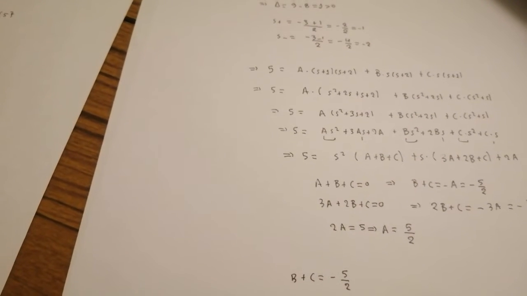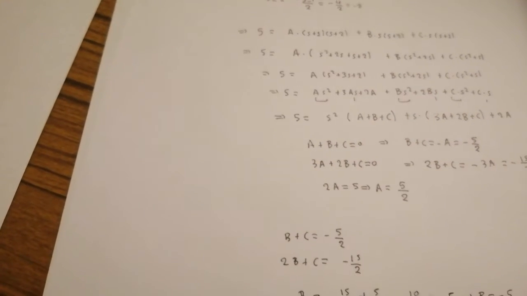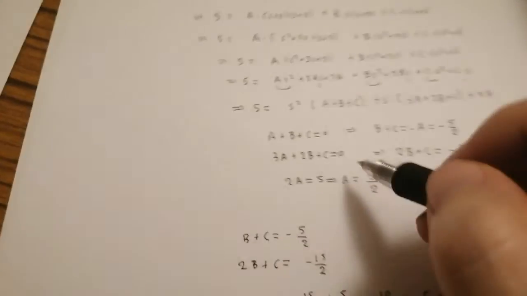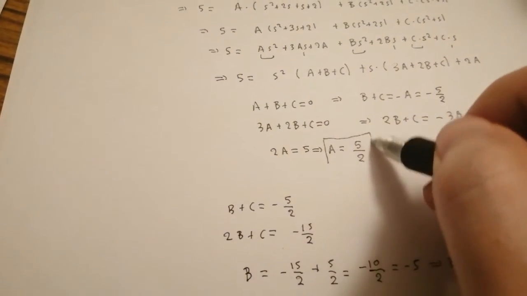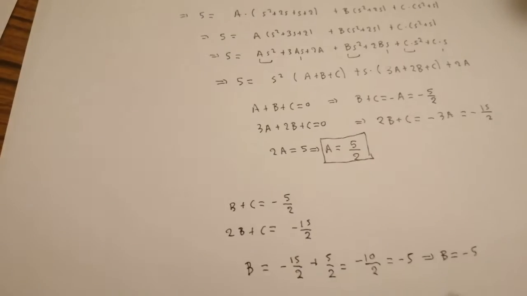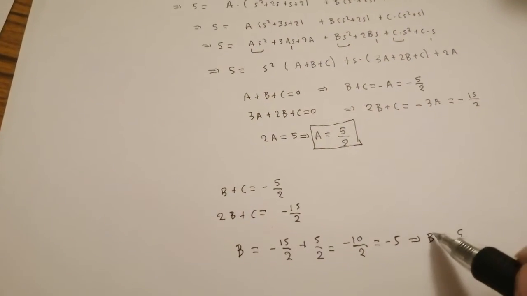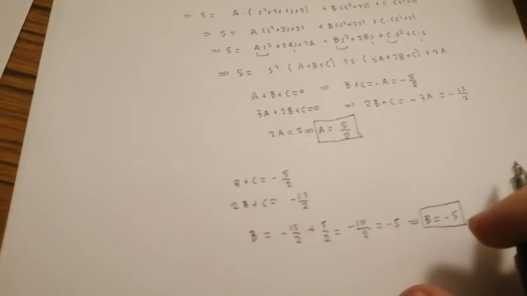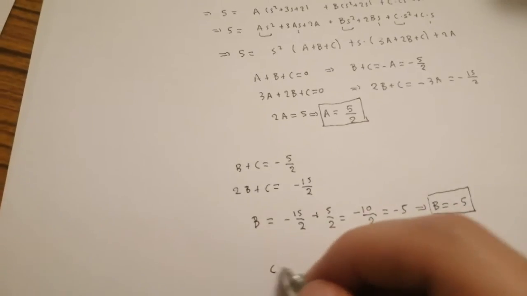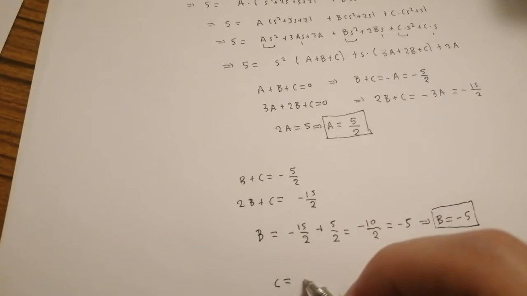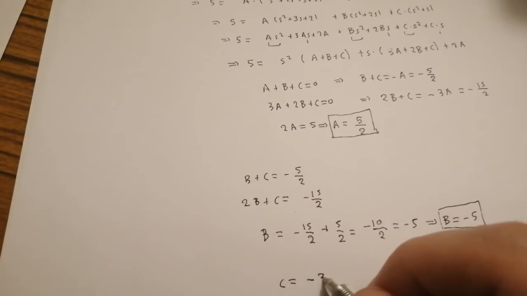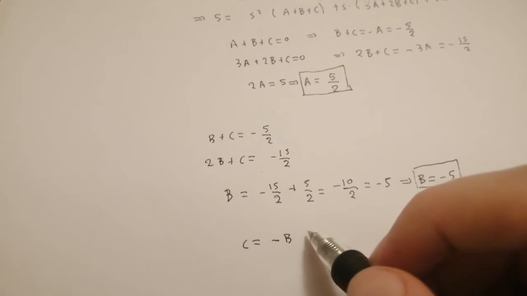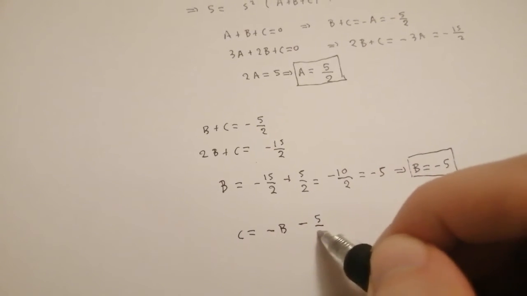Now let's choose one relation to substitute in order to find C. So I have my A, I have my B. Now I just have to compute the C. So C is equal to, I use this relation, minus B minus 5 over 2.